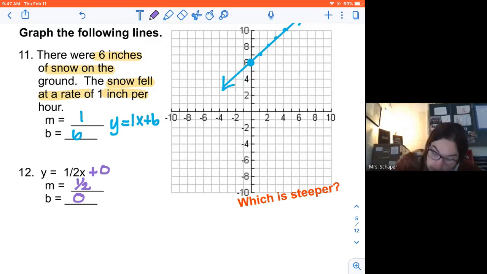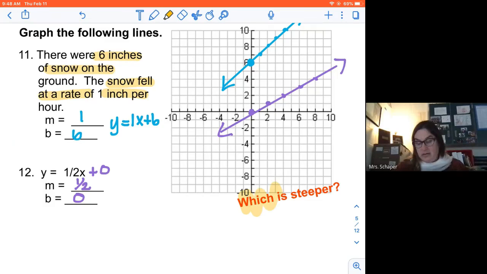So now when I graph it, I begin at the origin and I rise 1, run 2. Rise 1, run 2. And I keep that going. All right. Now the question is, which is steeper? Right.